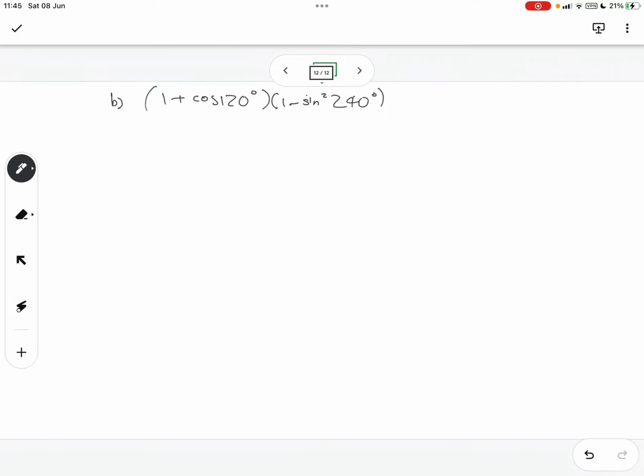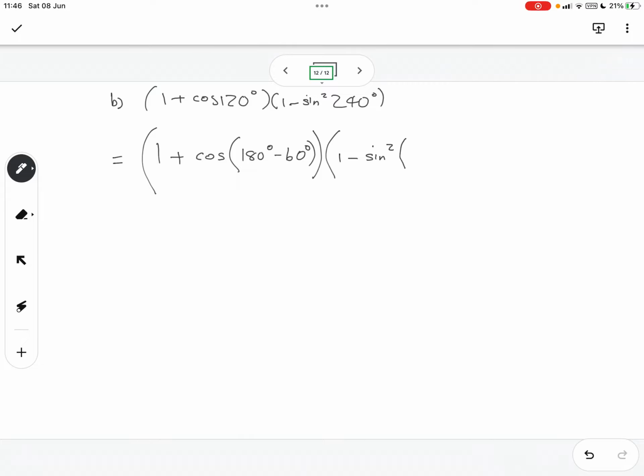240 degrees is like what? If you have 180 and you add 60, how much do you get? 180 plus 60. 240, I think. Yes, and if you have 180 degrees and you subtract 60, how much do you get? 180 minus 60. 120.